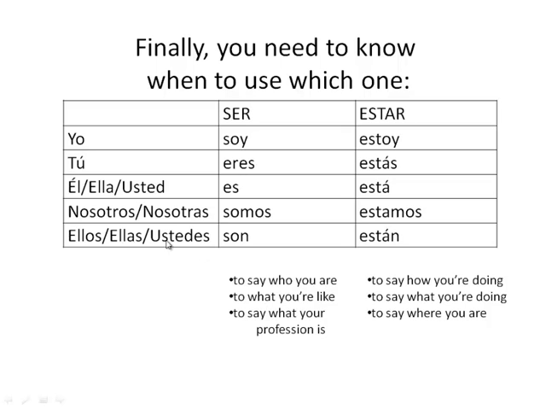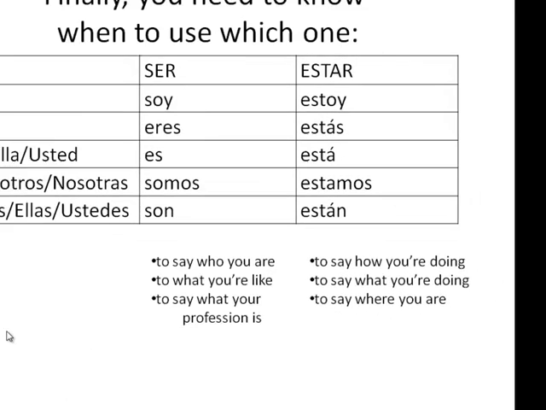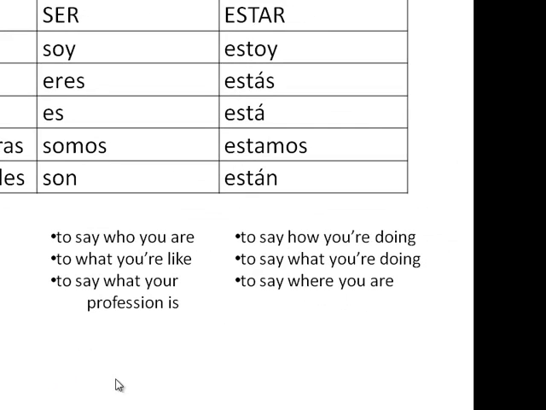So I know I'm going to come to this row on the table when I wanted to say Maria is a teacher. Maria es, because that's the same as saying ella. If you wanted to talk about Beto is here, the way we substitute for Beto is he is here, right? Él está aquí, which is temporary.